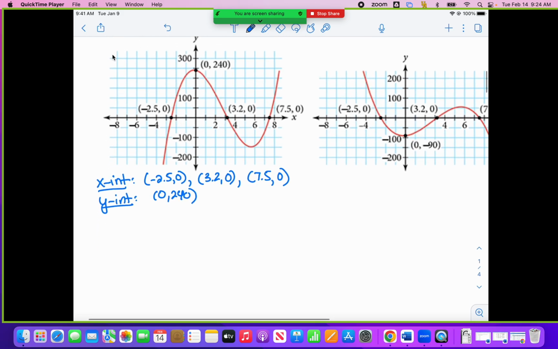So then here's the big idea. If I know the x-intercepts, I actually know the factors. If I know the x-intercepts, I know the factors. Just like in our problem above, where we had x plus 2 times x plus 3 times x plus 4, my x-intercepts were -4, -3, -2, okay?